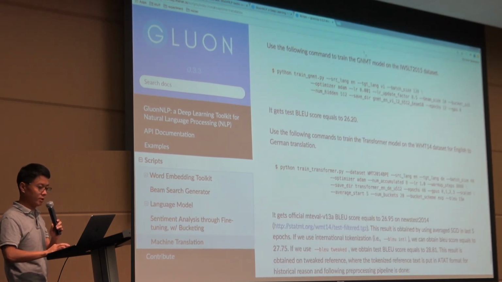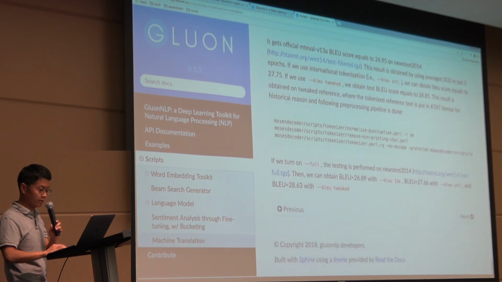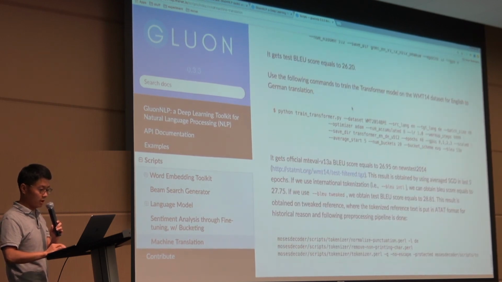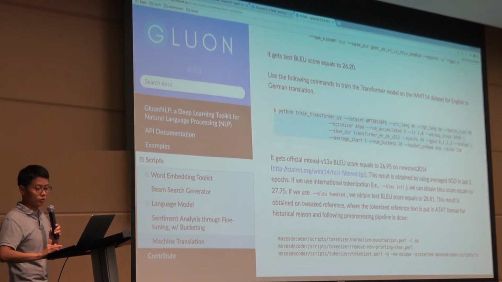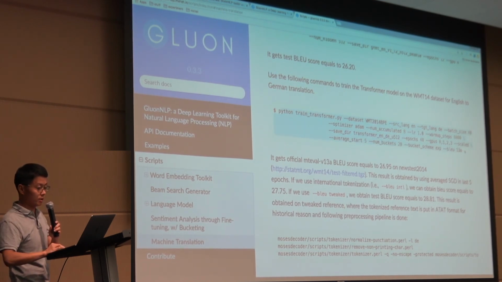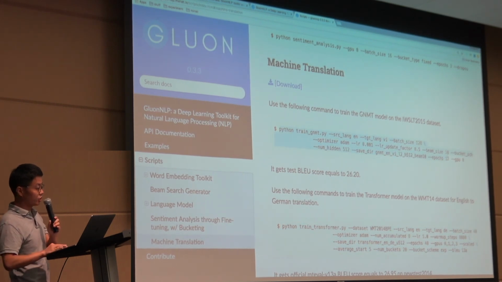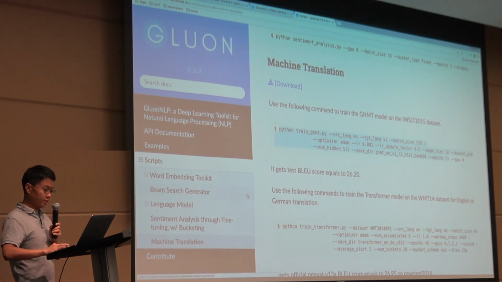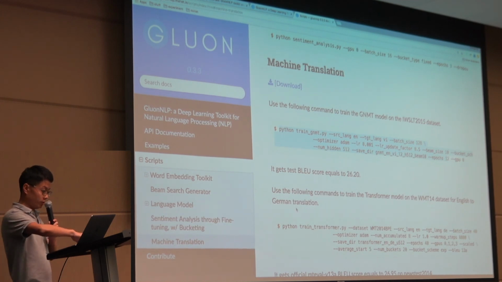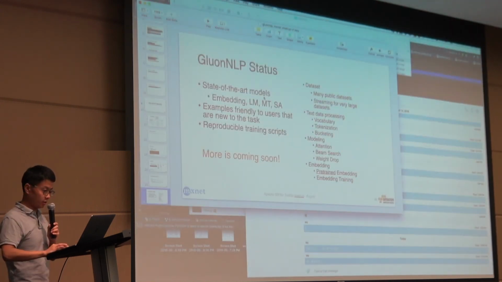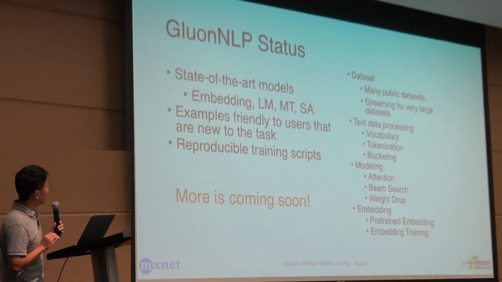GluonNLP I just covered, as well as the transformer model. You can use this line to get the state-of-the-art transformer, or this line to reproduce the state-of-the-art language model seamlessly. So that's one I want to mention a little bit.